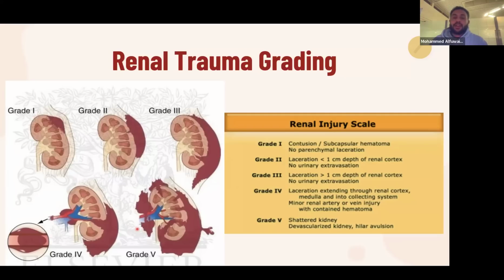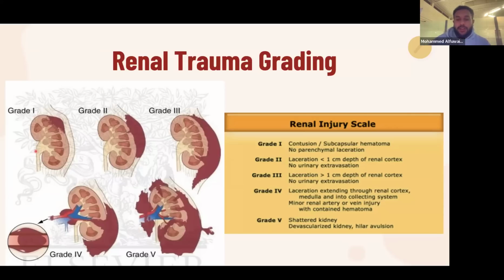Okay? A shattered kidney. 5. Good. Only a subcapsular hematoma. 1. A laceration that goes all the way to the renal pelvis. 4. Is renal trauma clear?